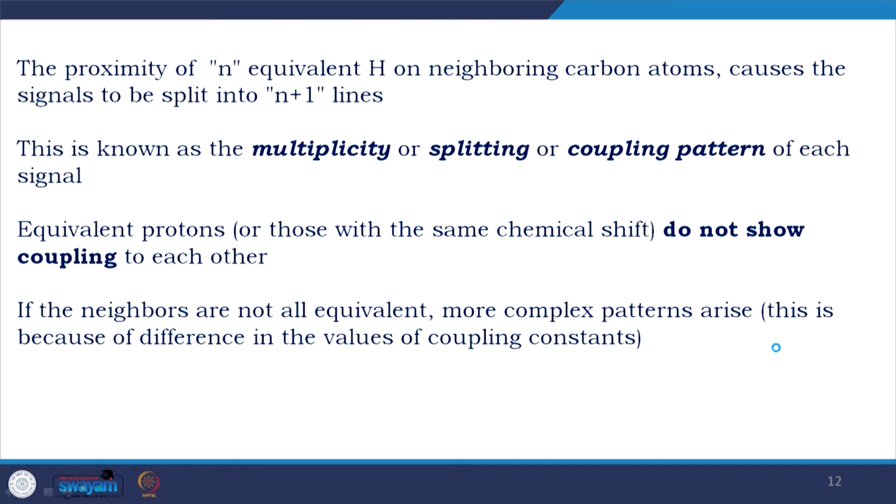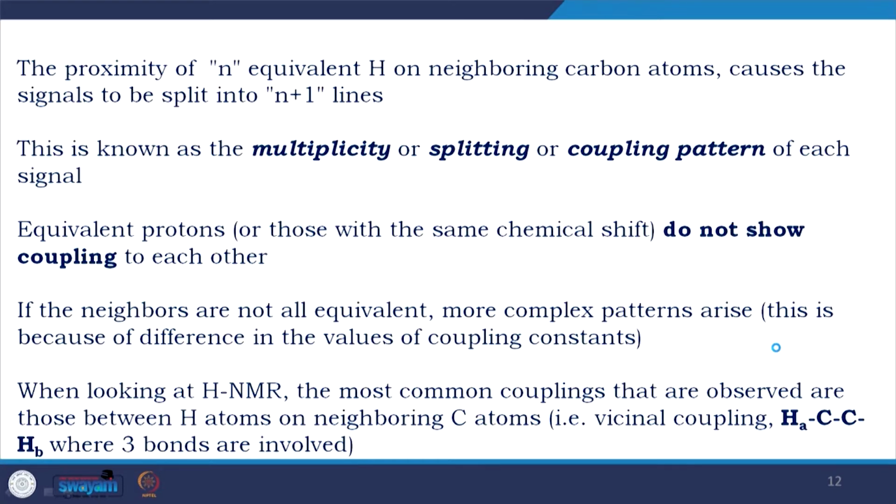We have talked about when there are 3 hydrogens in a methyl group, it has 8 combinations. Among the 8 combinations, we grouped them into 4, but if among these 3 hydrogens they are not equivalent, then that would be creating more complications.